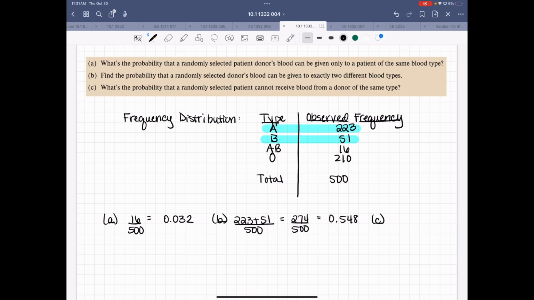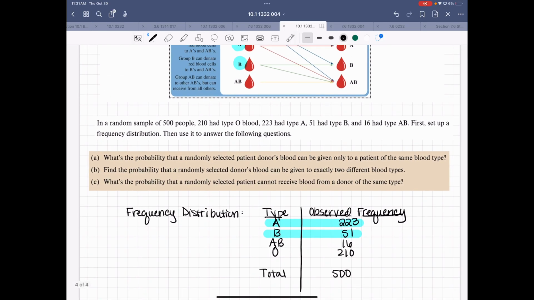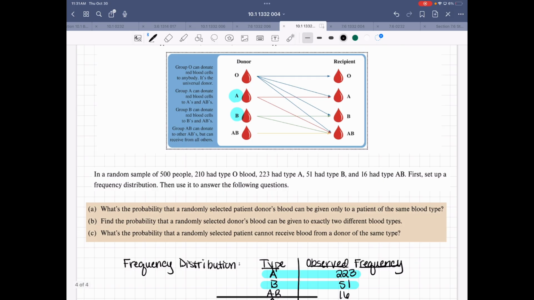Okay, 0.548. And then C asks, what's the probability that a randomly selected patient cannot receive blood from a donor of the same type? Who can't receive blood from themselves? Anybody? No. Everybody can receive blood from themselves. Look, AB has a line coming from AB, if you go backwards. B, does he have a line coming from B? Yep.